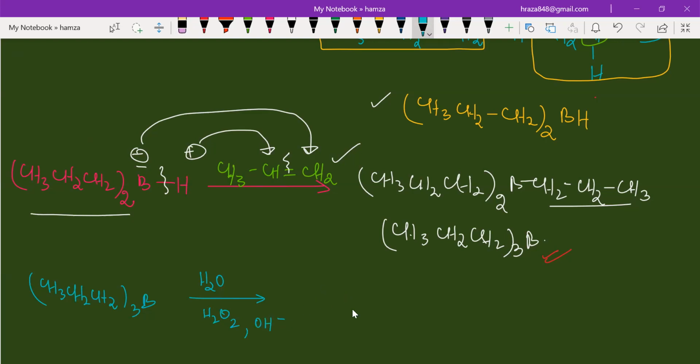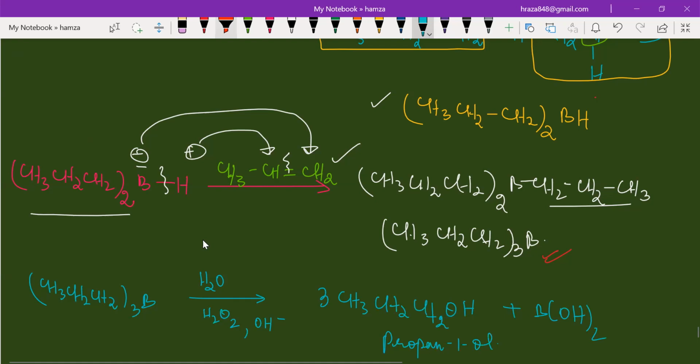Then you will get 3 moles of alcohol along with B(OH) whole twice, which is bipolar. The reaction is very easy. If it is given in a 1 mark question, you can directly write it the way I will explain it. Please write the last step.